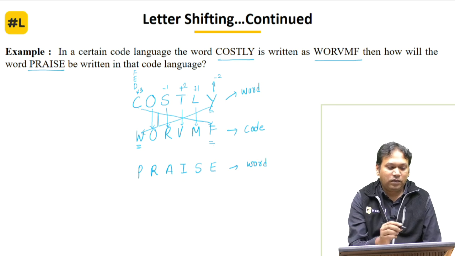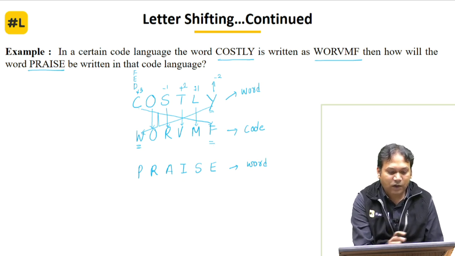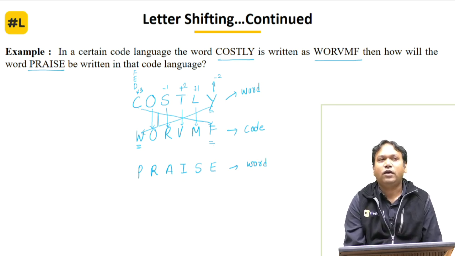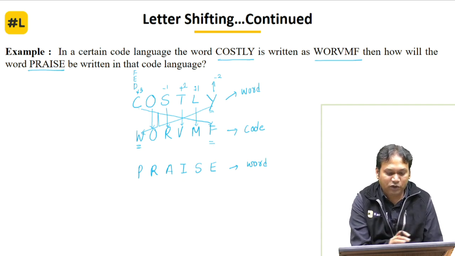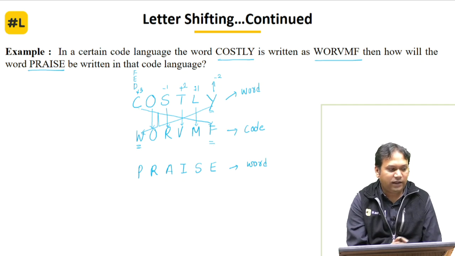So observe the letters, where they are going, how they are going, observe the way the letters could have been changed, look at the position of these letters, and then based on that you can solve, right.